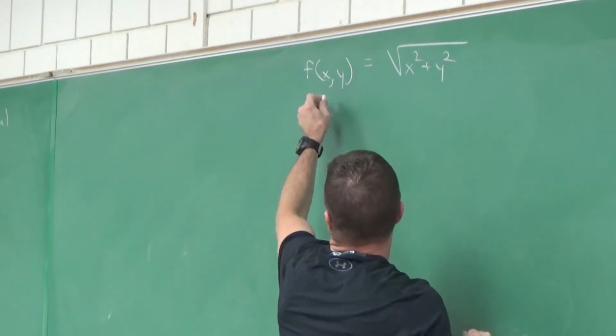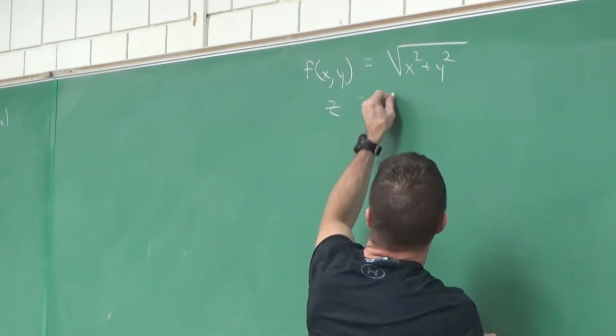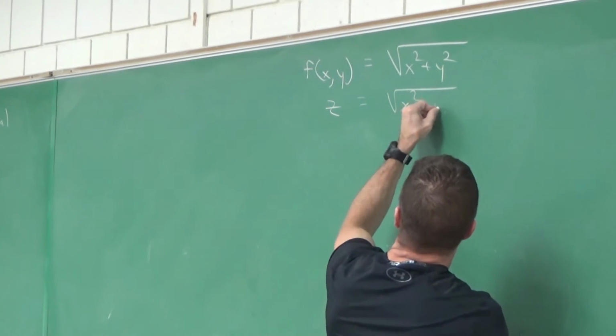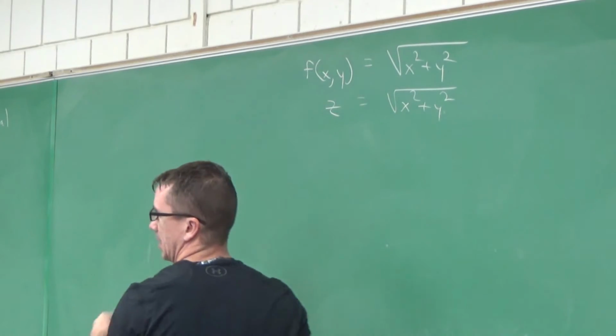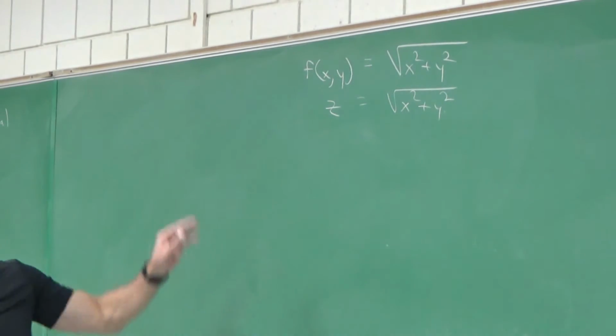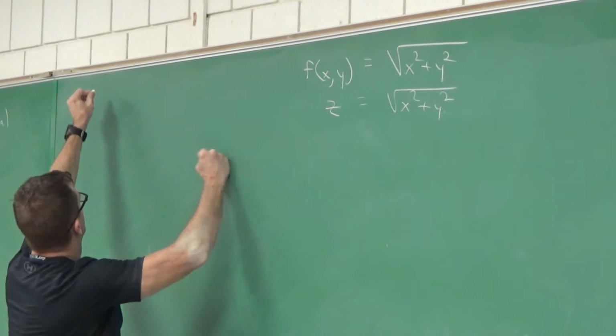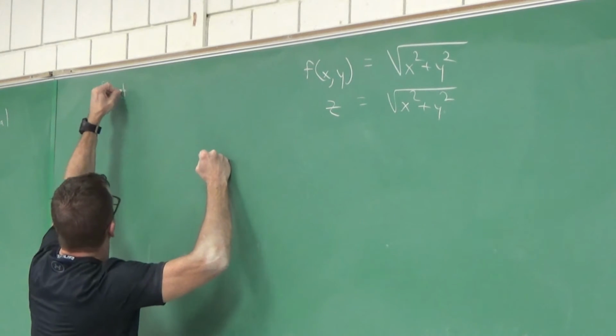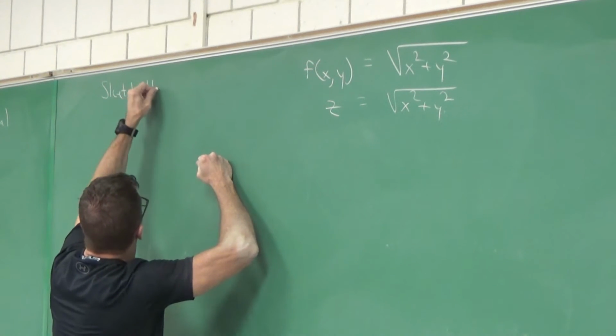And what letter is this? Z. I'm going to put this off to the right, and this is the problem I want us to do. I know it's not in the sheet, but we're going to take a break here and talk about level curves. I want you to sketch 3 level curves.